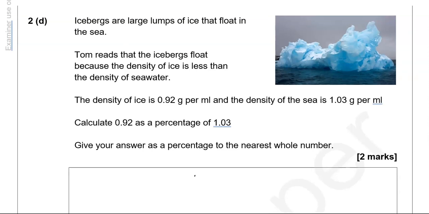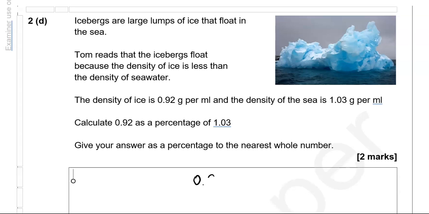So we're talking about 0.92 out of 1.03. Just plugging this into the calculator, in other words, doing 0.92 divided by 1.03, we get 0.893203 and so on.